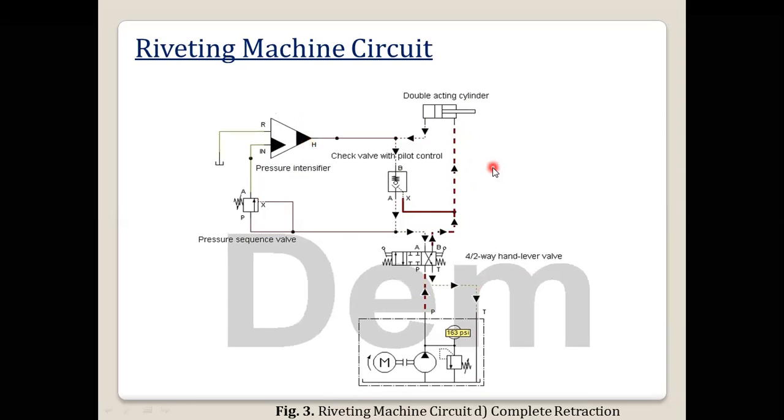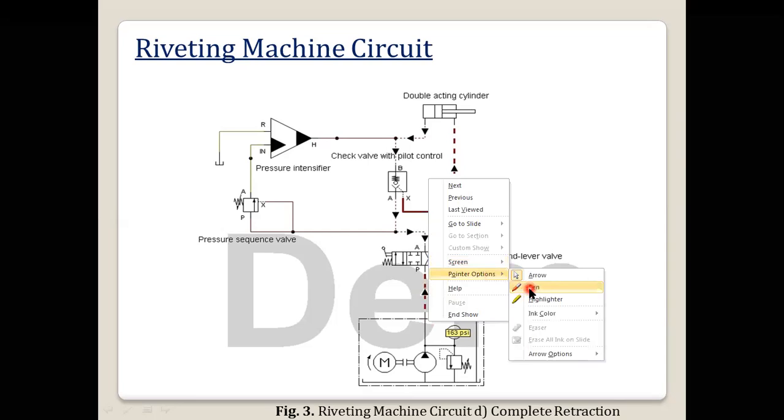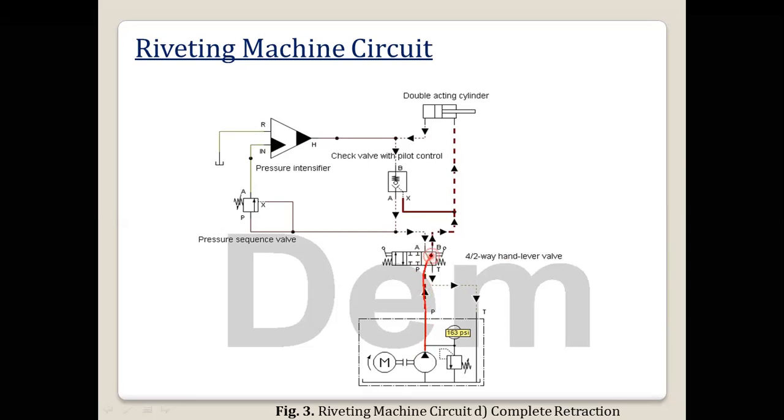Then the next stroke is the retraction, where we have to unrivet, that is, get the rivet back to its original position. At that time the flow from the pump goes to the P port, then to the B port, and from the B port to the rod side.